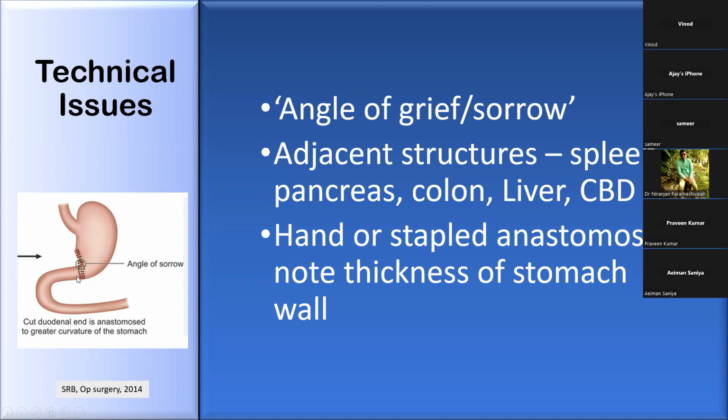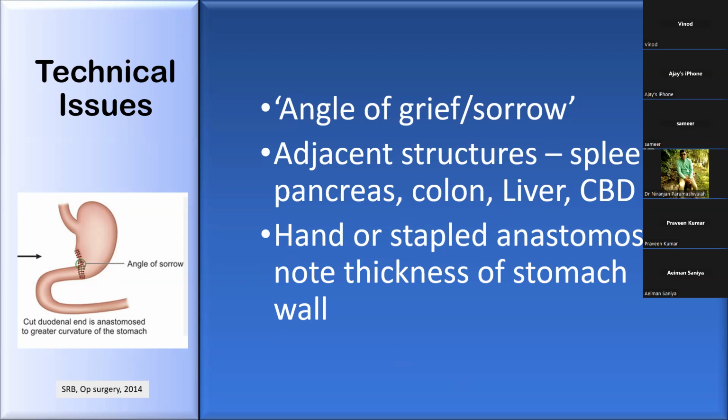So instead of a local seromuscular cover to the anastomosis all the way across the suture on the stomach, you will have a seromuscular cover where the bowel itself gets opposed to that part. That's called a Hofmeister valve. All the suturing can be hand or stapled. The only hint I'm going to give you about stapled anastomosis is you must use the correct thickness.